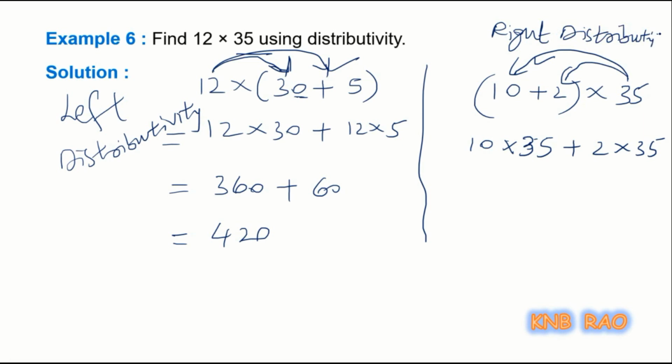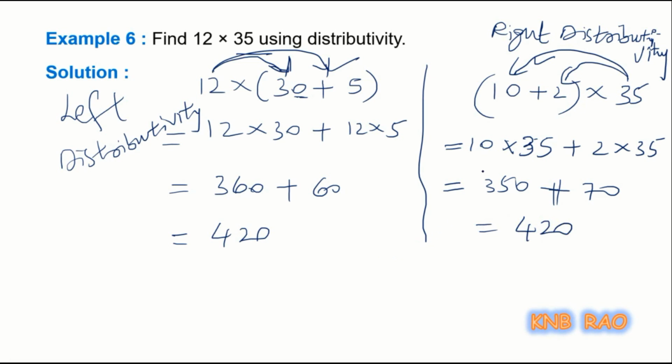Students, whether left distributivity multiplication over addition or right distributivity multiplication over addition, both are true. Now 10 into 35 is 350 plus 35 2s is 70. So 350 plus 70 is 420. So we got the same answer.